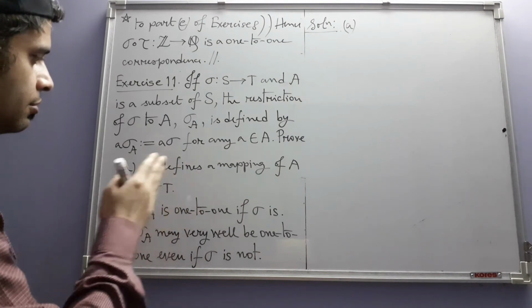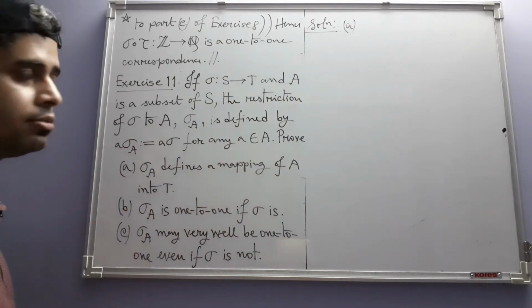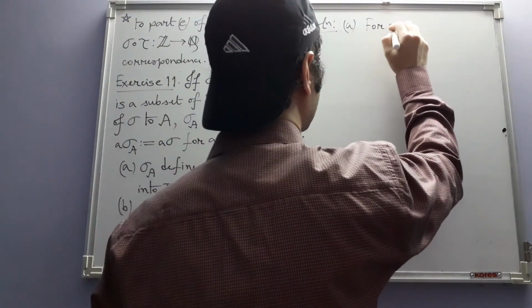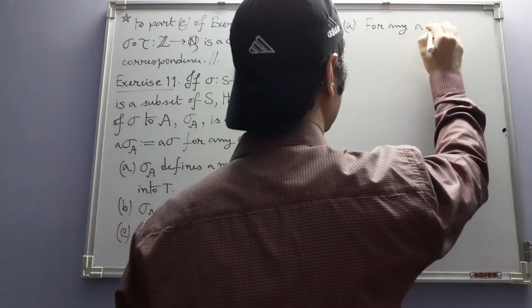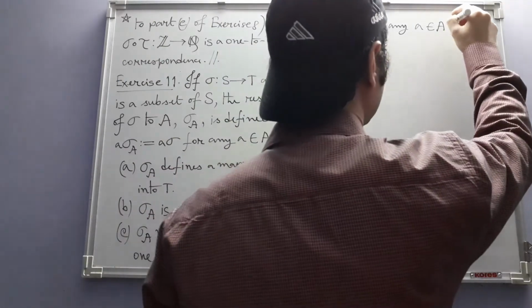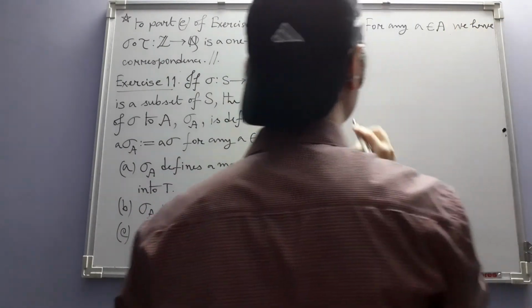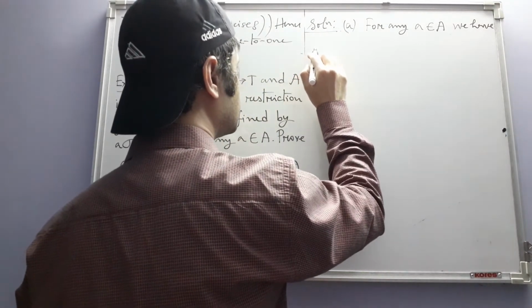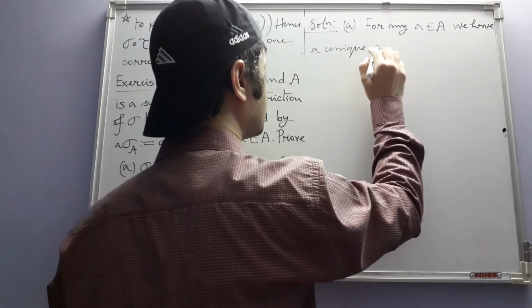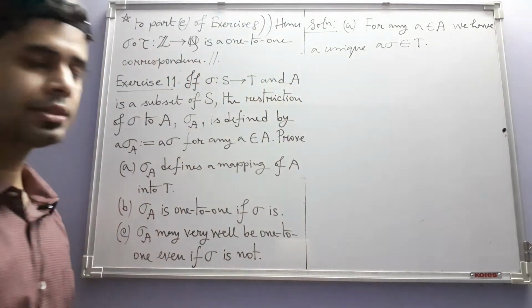Okay, so we have to say that sigma defines the mapping of A into T. For any a belonging to A, we have a unique a sigma belonging to T. Why is this true?